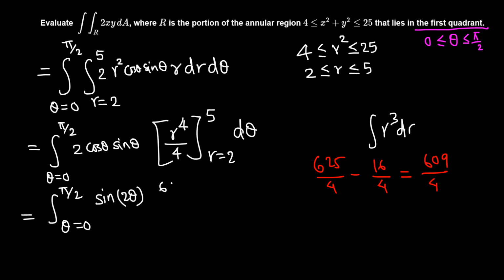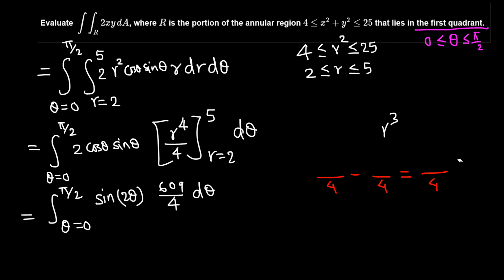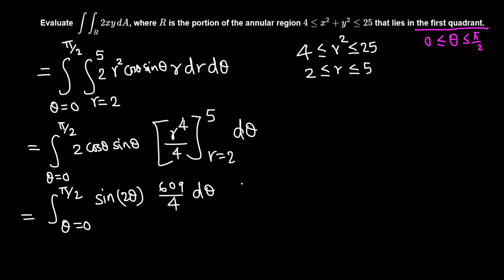So the 609 fourths is a number we can pull all the way outside, d theta. Okay, now let's evaluate this. 609 over 4 we can pull all the way outside.